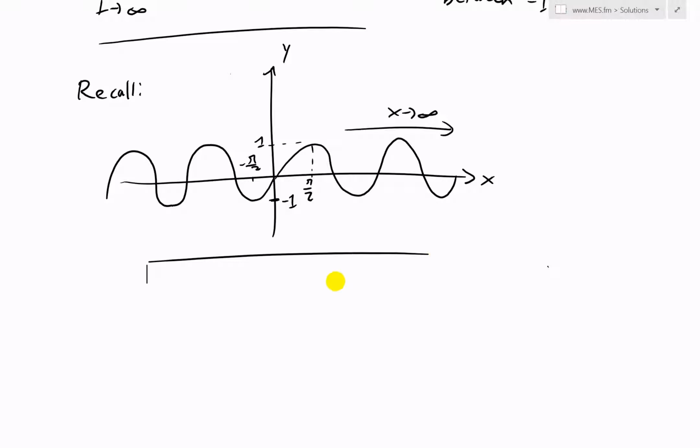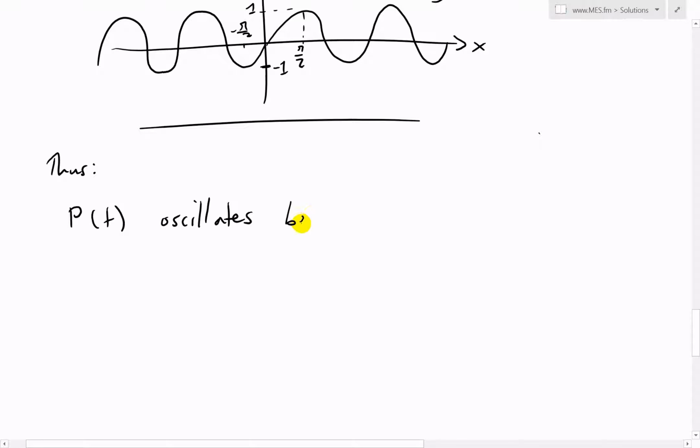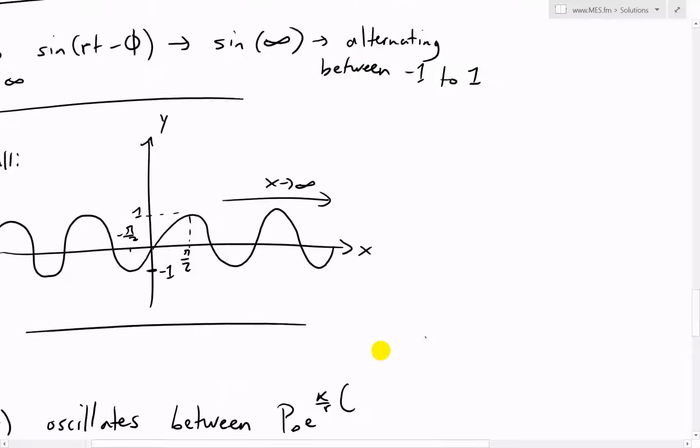So what we have is that P of t oscillates, just going up and down between, now when you plug those values in, P0 e to the krt when this value is -1.